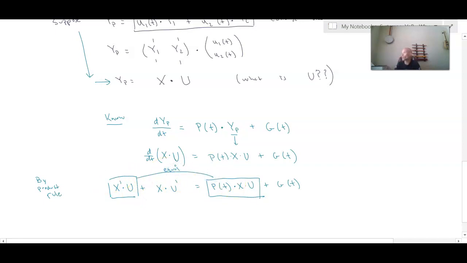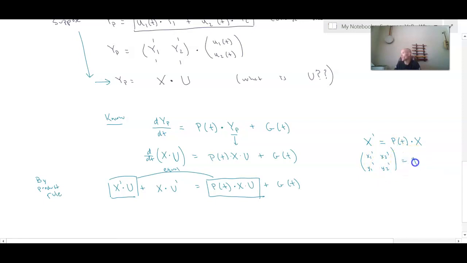Well, the reason they're equal is because we already know that the X matrix contains the homogeneous solutions. So we already know that the derivative of the homogeneous solutions is equal to P of t times the homogeneous solutions, right? Because once again, this contains x1 prime, y1 prime, and so on, x2 prime, y2 prime.